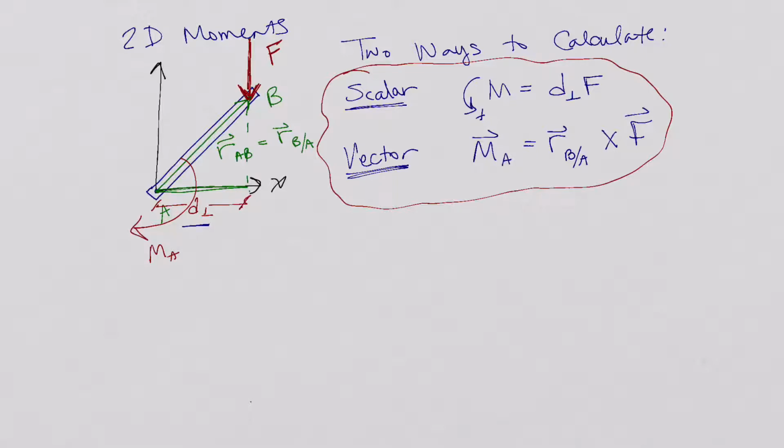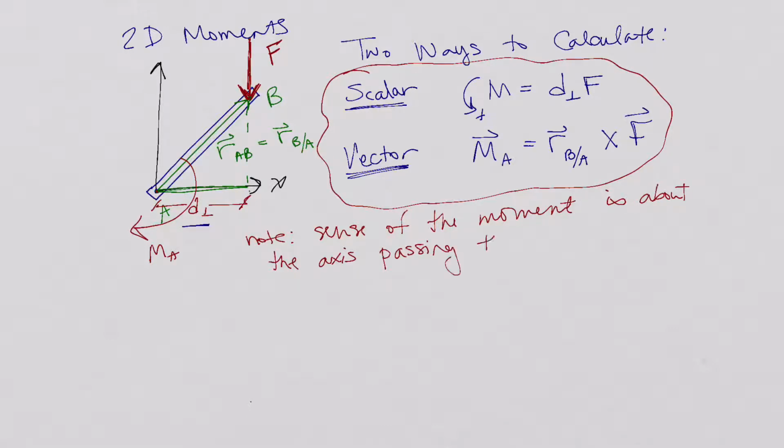Another point is that the sense of the moment is about an axis passing through that point. Here we have point A, so the moment is about an axis coming in and out of point A. So note: the sense of the moment is about the axis passing through a point.